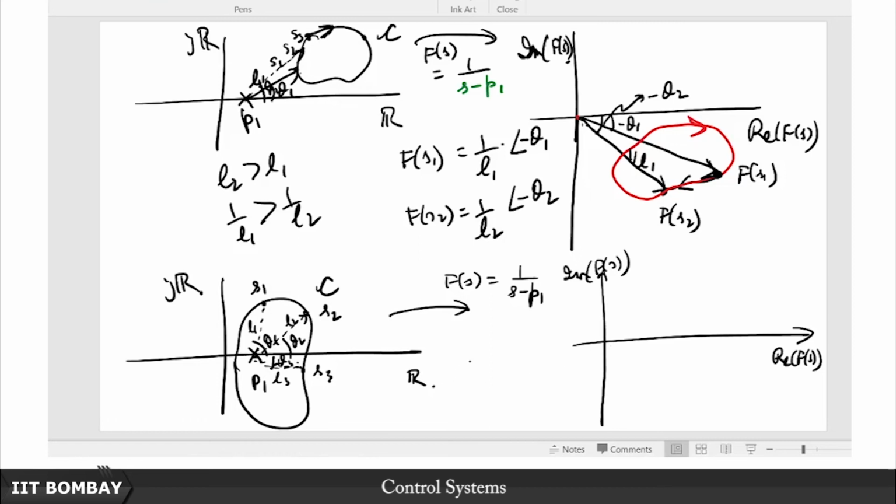Okay. So, if I now map this here, notice that Fs1 is equal to 1 by L1 with an angle minus theta 1, Fs2 is 1 by L2 with an angle minus theta 2, and Fs3 is a magnitude 1 by L3 with an angle plus theta 3, because I have chosen its angle itself conventionally here to be minus theta 3.